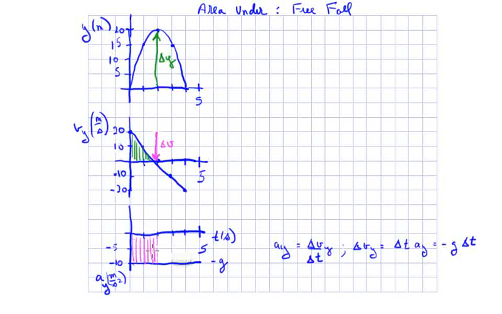Please look at the units. That means that the change in velocity from an initial value of 20 is going to change by this much, and so that gives the value of the velocity here. So in other words, 20 minus 20 is 0.